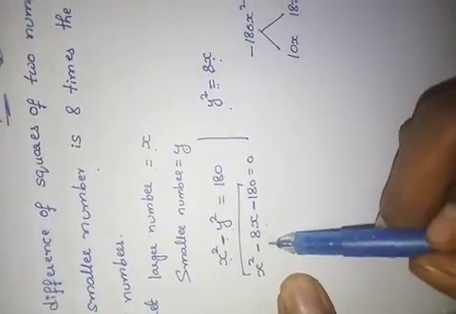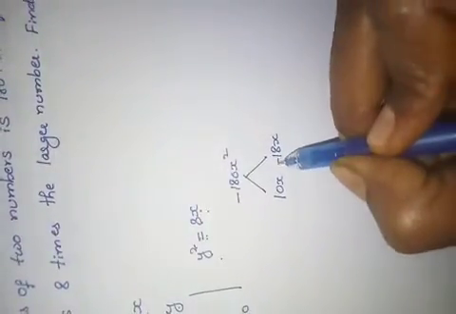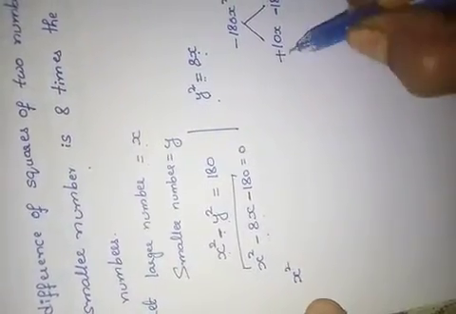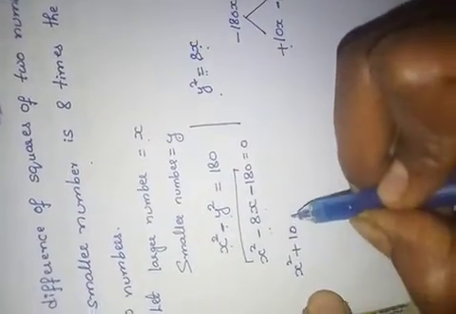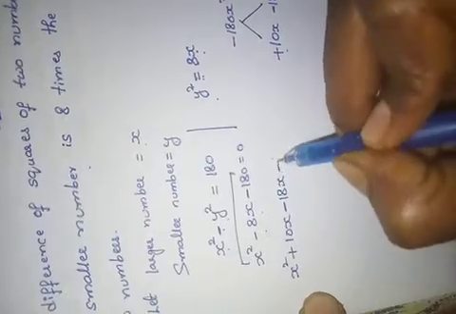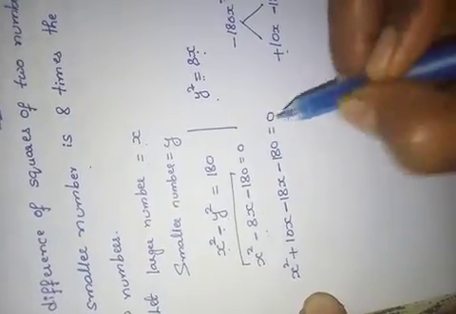What is the symbol here? Minus. So for the bigger number minus, for the smaller number plus. Substitute this: x square plus 10x minus 18x minus 180 equals 0.